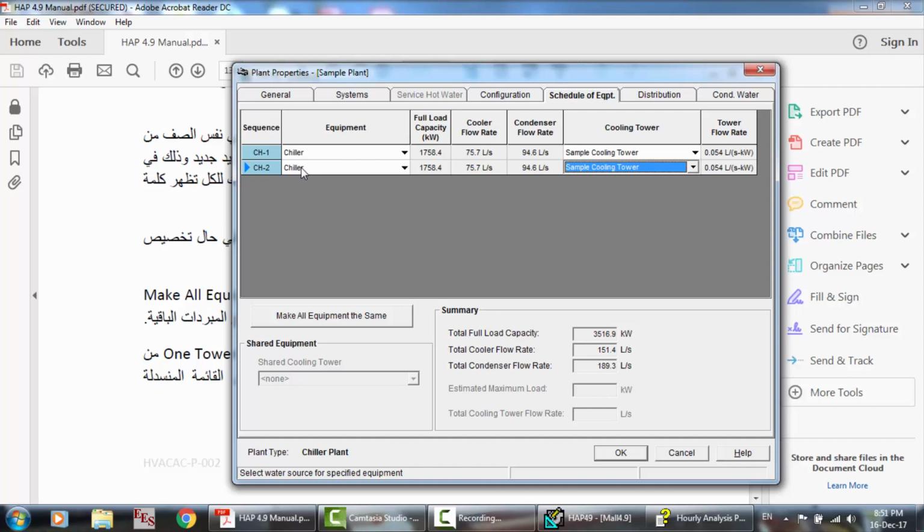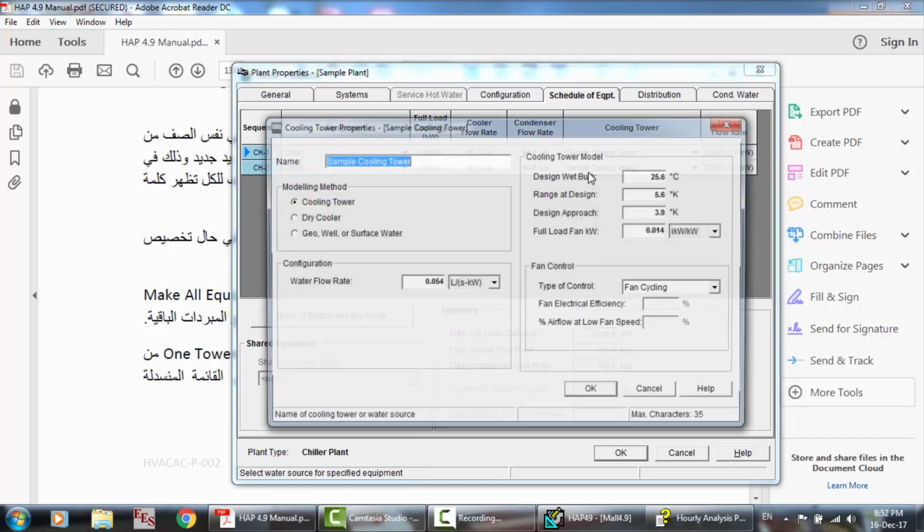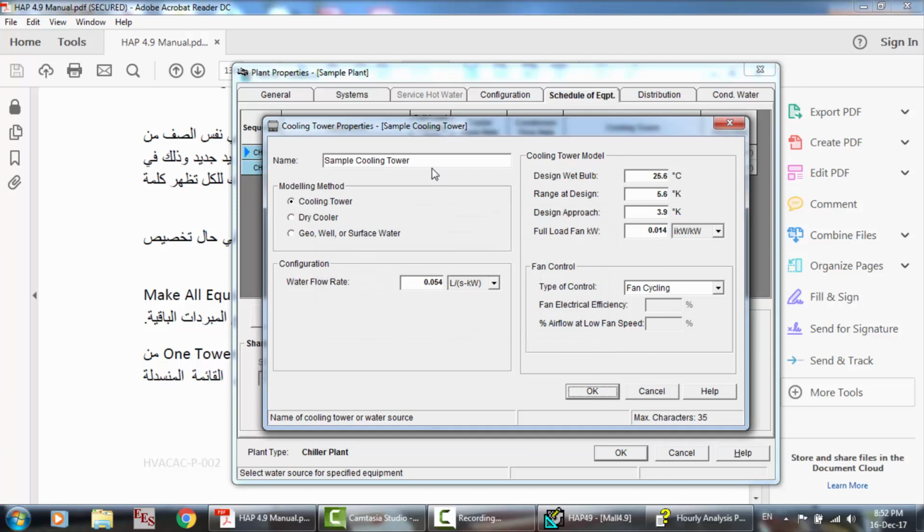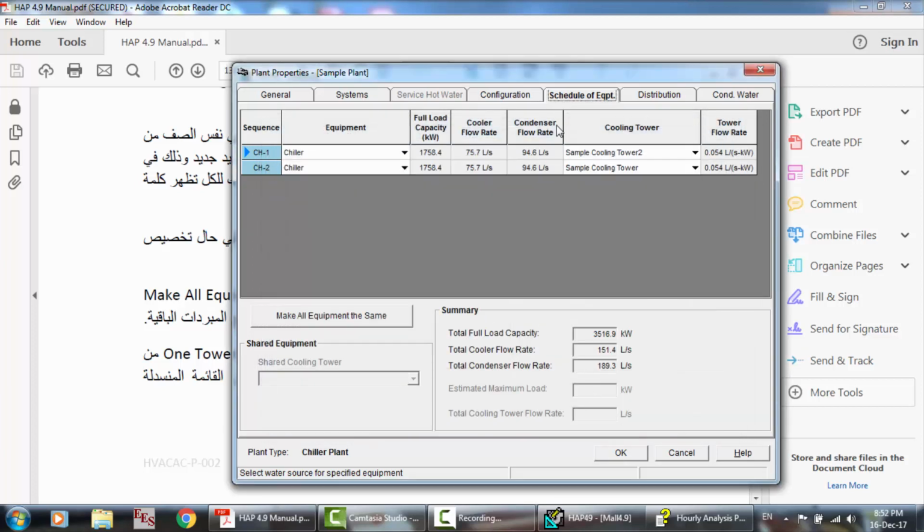If you have chillers that all have the same information, you can make all equipment the same.